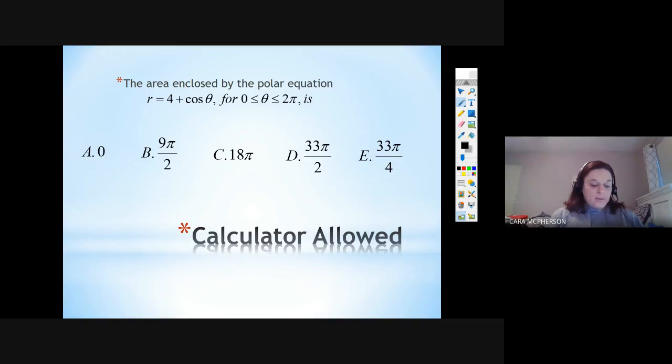I'll let you start, and then I'll graph it on my calculator so you get an idea of what it looks like.